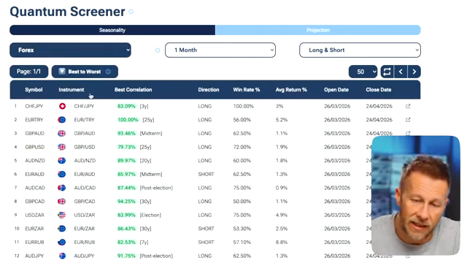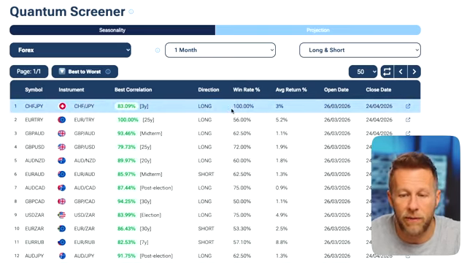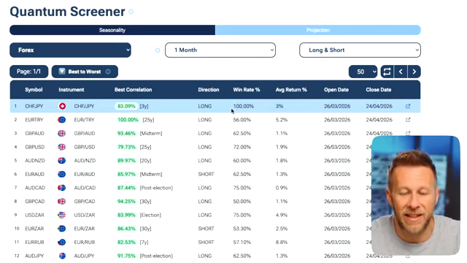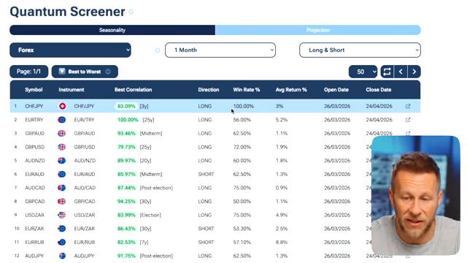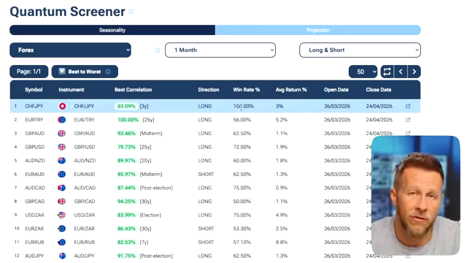And you can see this table now has been presented to us that will give you the highest probability setups in the entire Forex market on this screen, on this database. Now, you can see right at the top, we've got 100% win rate. What does that mean?